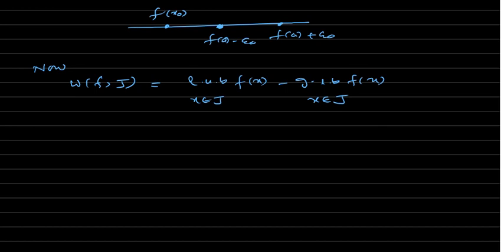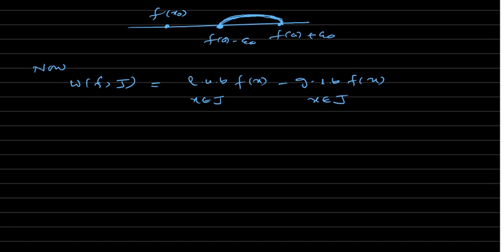Or you can say this f of x naught, what's the GLB? So f of x naught is not here. Whenever x naught is in J, f of x naught is not here.